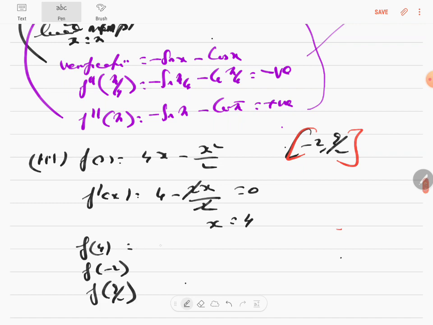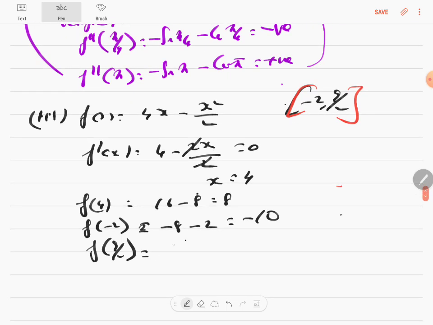What is f of 4? It is 16 minus 16 by 2, which is 8, so the answer is 8. F of -2 is -8, 4 by 2 is 2, so it's -2, so -10. F of 9 by 2 is 9 by 2 times 4, so 36 by 2, which is 18, minus 81 by 4.